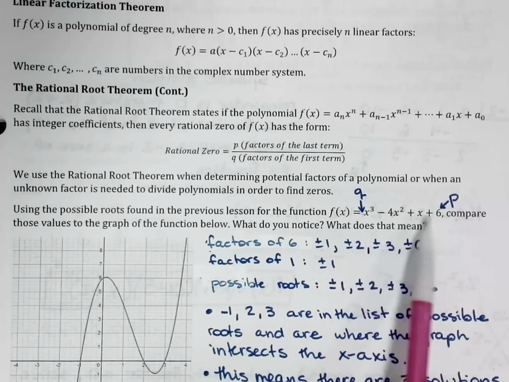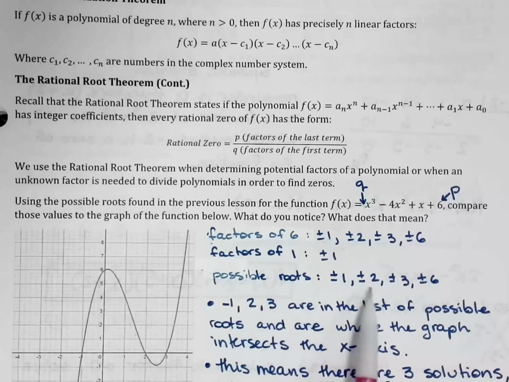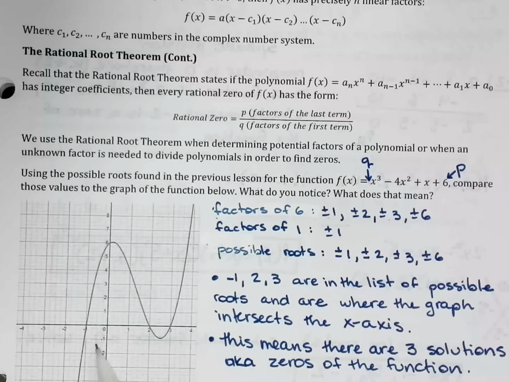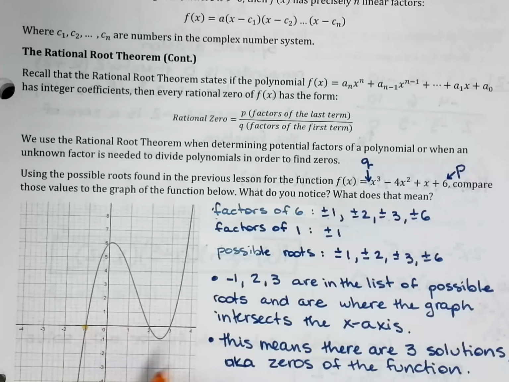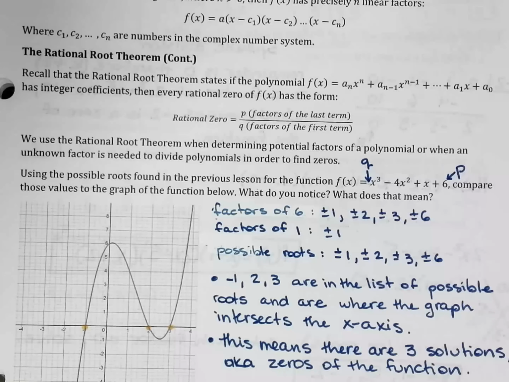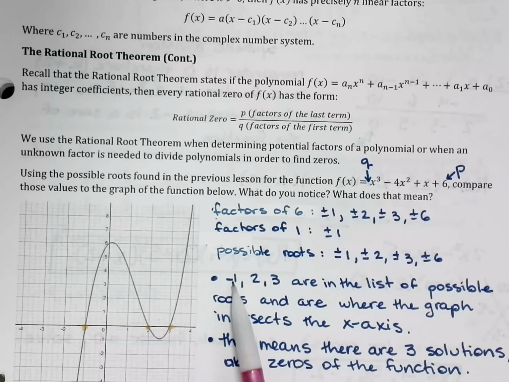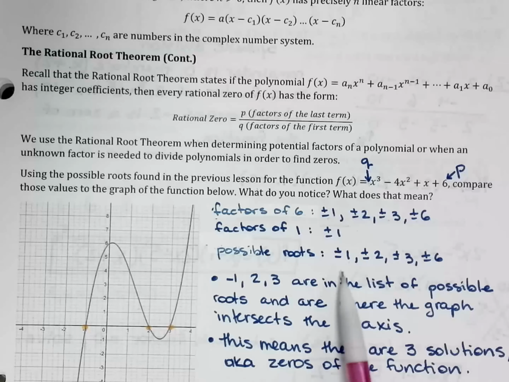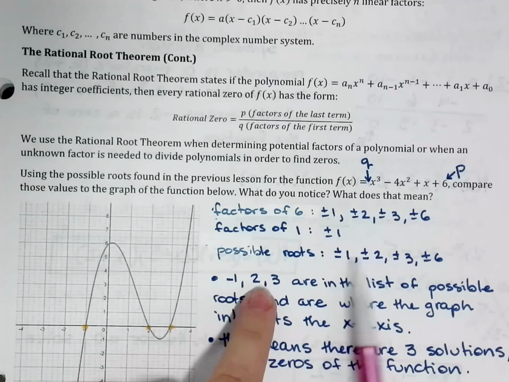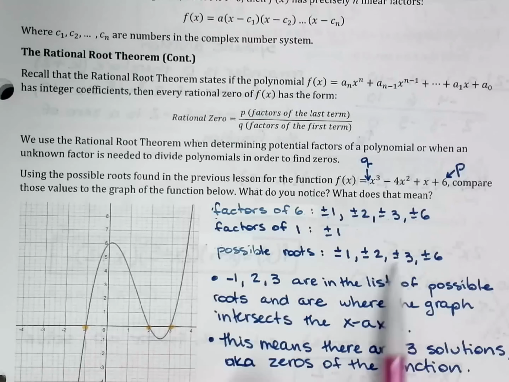So this is my polynomial, and these are the possible roots. Now, when I look at this graph, I can tell that it crosses the x-axis at negative 1, negative 2, positive 2, and 3. And notice how negative 1, 2, and 3 are in the list of possible roots. I have negative 1 right there, I have a 2, and I have a 3.